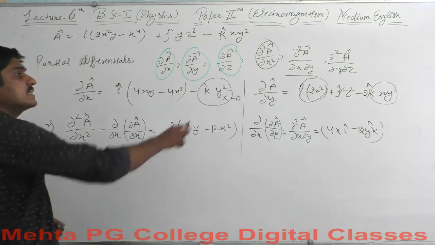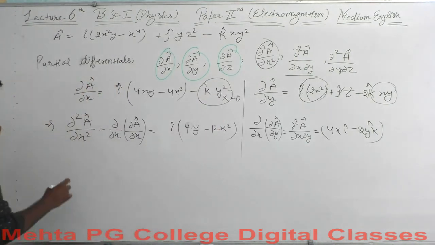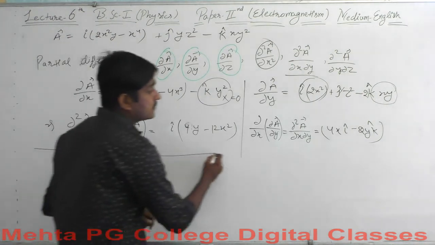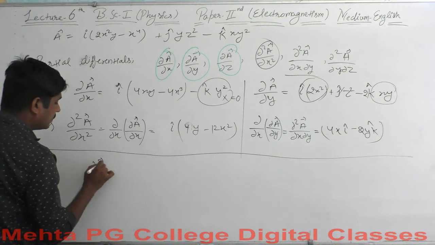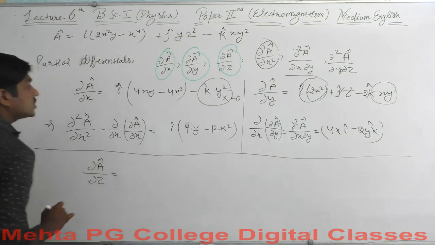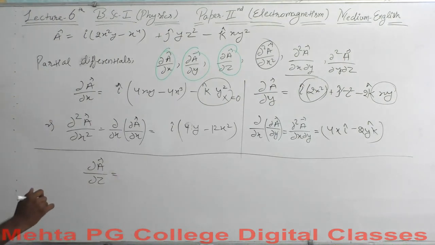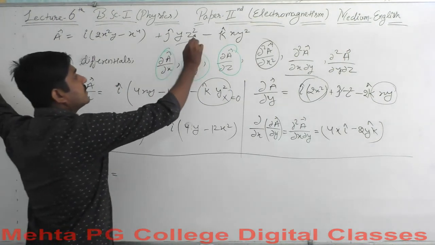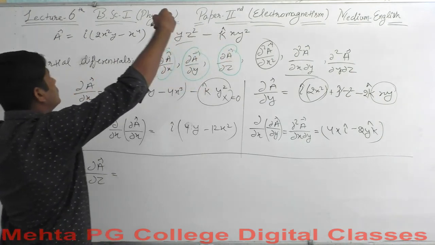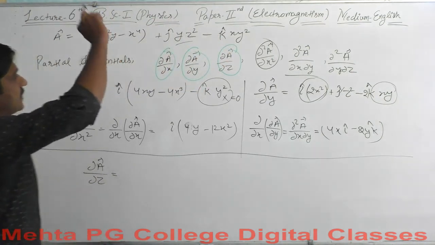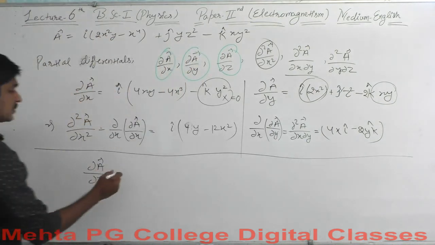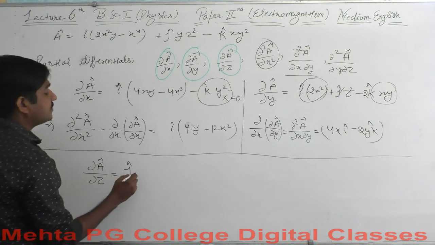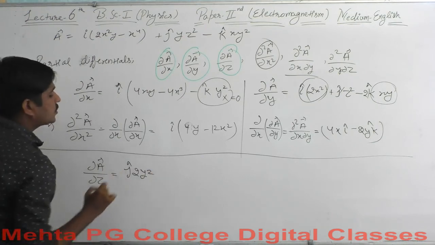So what remains is ∂A/∂z. Okay, let's find out. So what will be the value of ∂A/∂z? Which component will exist? This component will exist, and this is the only component which will exist, none of the others. So the component that exists is j cap 2yz.